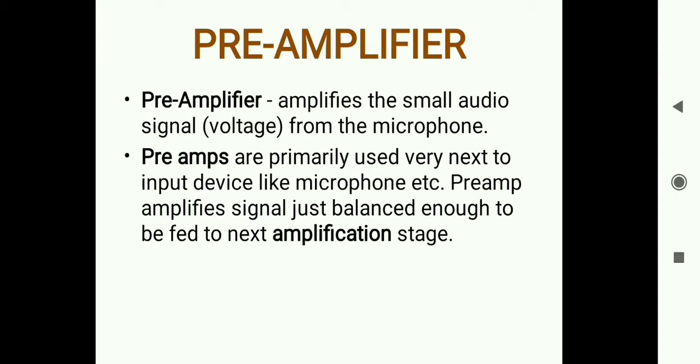So we feed this weak electrical signal into preamplifier so that preamplifier converts a weak electrical signal into a strong electrical signal that is enough to be noise tolerant. That means the noise cannot affect the signal and it can be used for further processing.